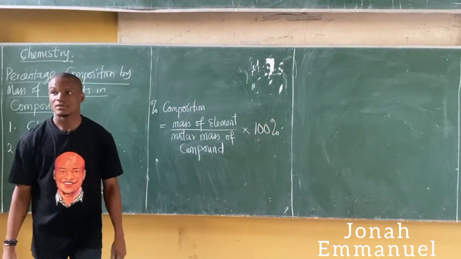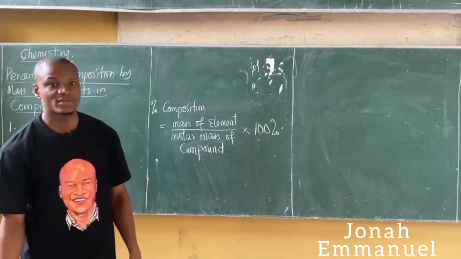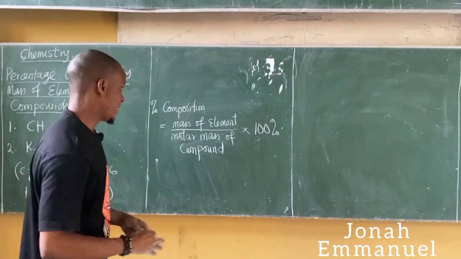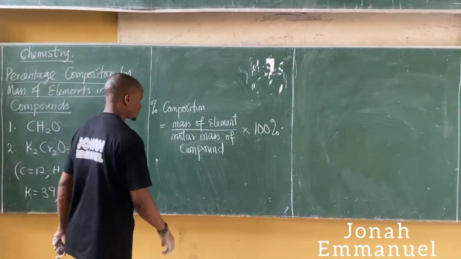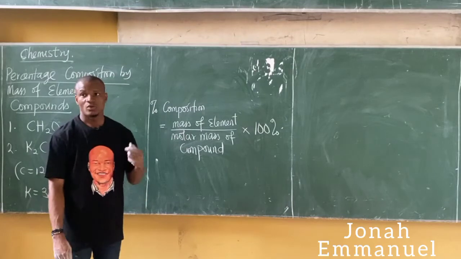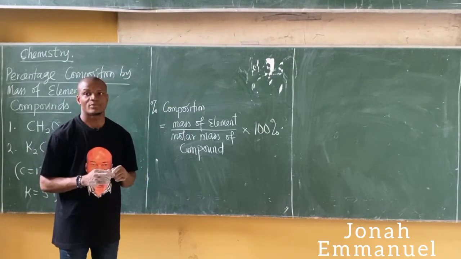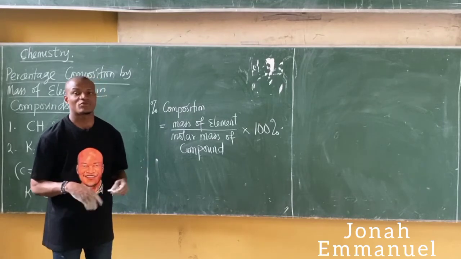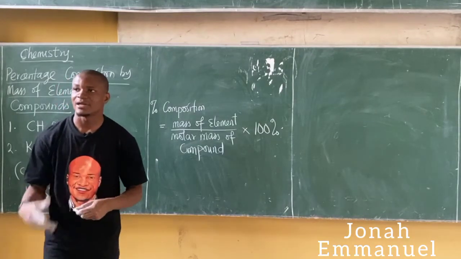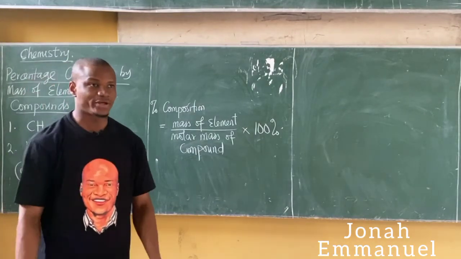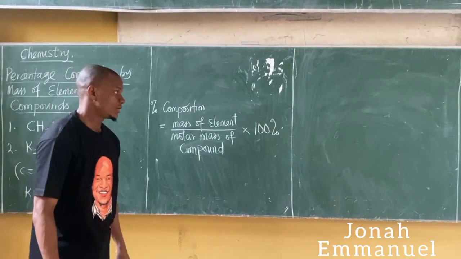Here's the formula, please. Mass of the element all over molar mass of the compound times 100%. I was checking the past questions, and this came out many times. So let's just do it together.